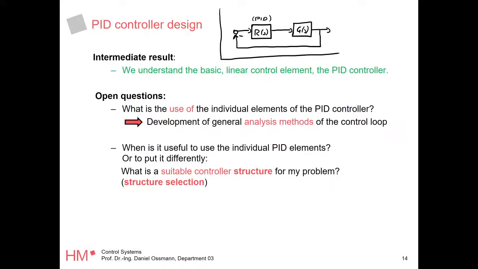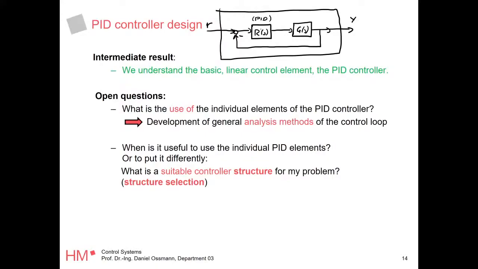Because at the end of the day, in engineering, you're interested in what goes in and what goes out. So what temperature do I put in and what temperature do I get out? To be able to analyze this, we need next to work out a methodology and where we should look.